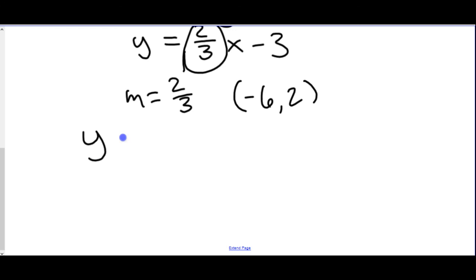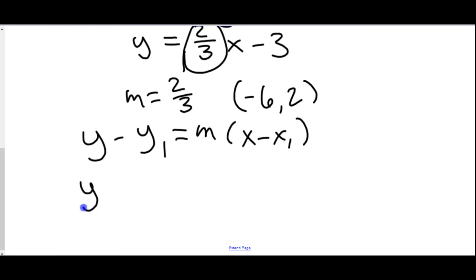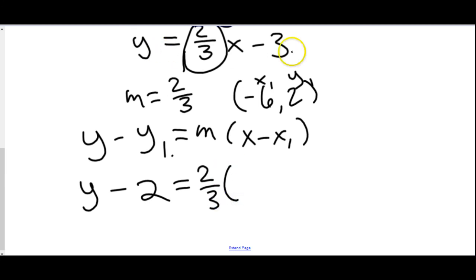Now we can go use the point slope form of a line and plug stuff in. We have y minus y1. Again, every point is x, y, and this is our first point. So y minus 2 equals our slope, which we had to find by getting y alone, so that we could figure out what number was in front of x, times x minus x1, so x minus -6.